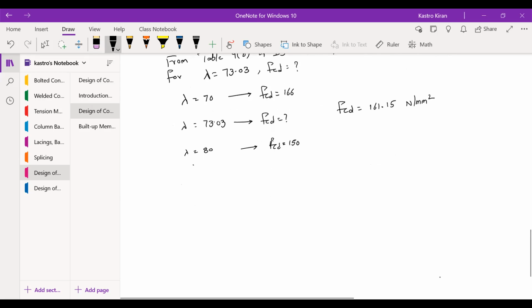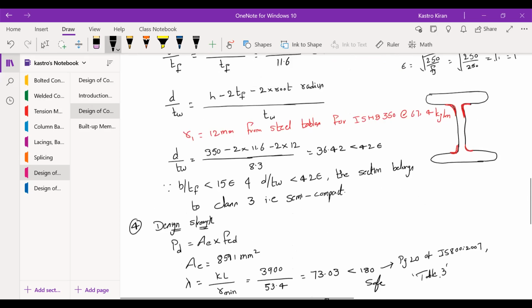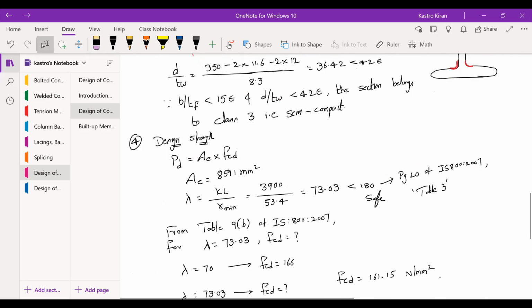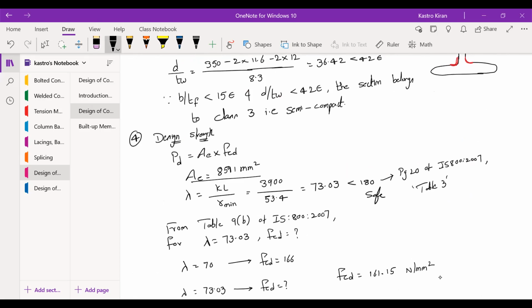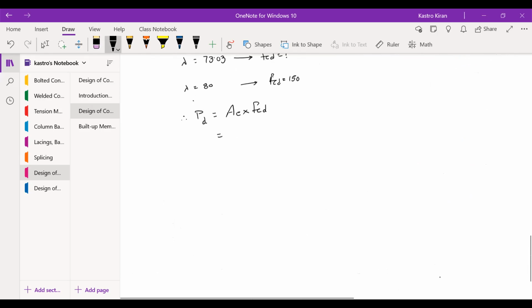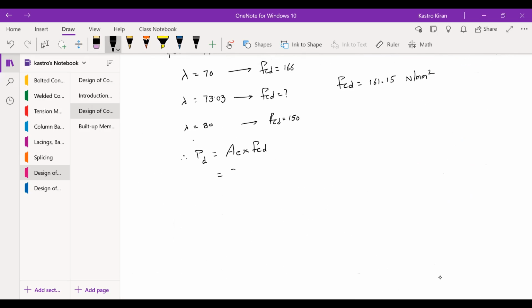Now you know the FCD value also, right? Therefore, PD equals AE into FCD. What is the value of the effective area? We know it is 8591 mm square. This is for ISHP 350, the section which we have selected. So 8591 mm square into FCD, which is 161.15.